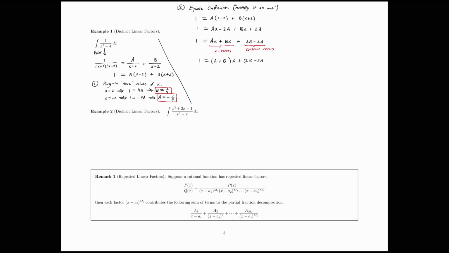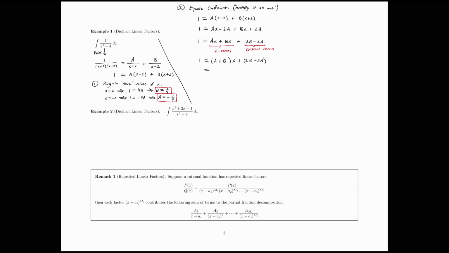I'm going to put that in parentheses because I want to emphasize that we have two different kinds of terms here: the x term and the constant term. Now on the right-hand side of this last equation, we can write the left-hand side in the same format, something times x plus a constant.